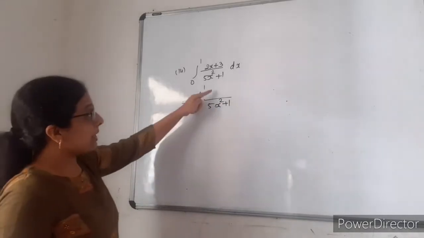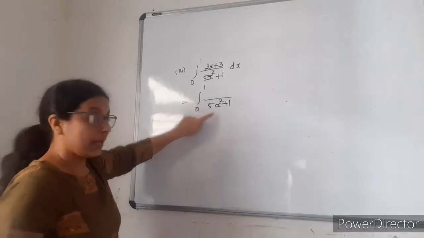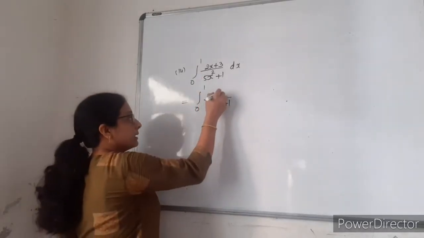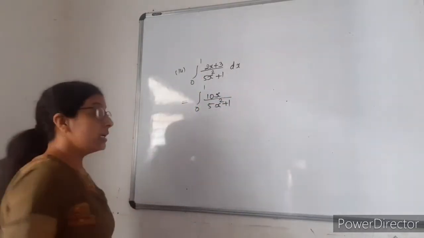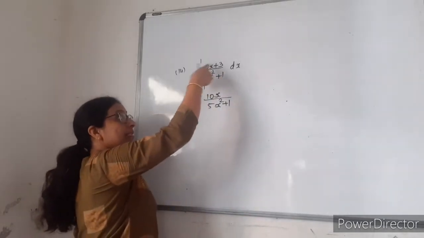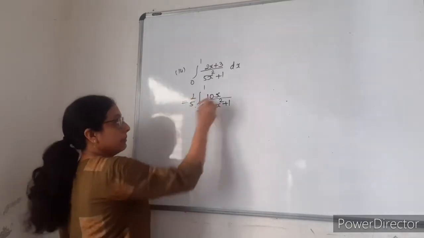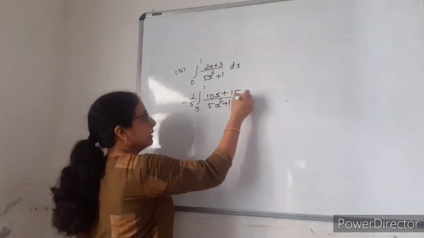Then you know that d by dx of 5x square is 10x. Now if I want 10x here, I have to multiply this term by 5. Yes or no? So I multiply and divide by 1 by 5.